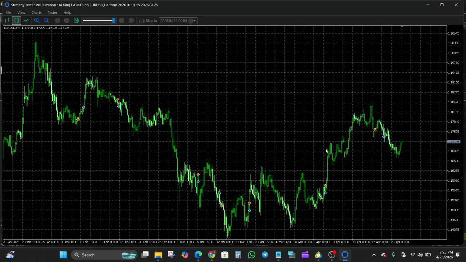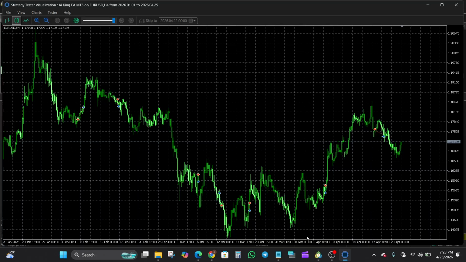And it's capturing short moves. We can see entry, exit, entry, exit, entry, exit. So you can see that the targets are usually short targets. It's not exactly swing trades. It seems like it's short-term trades.